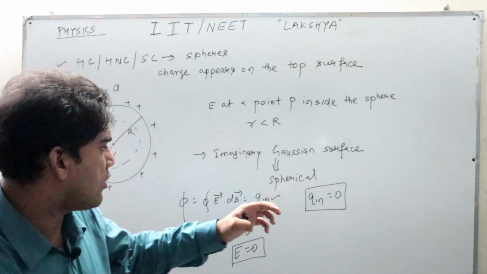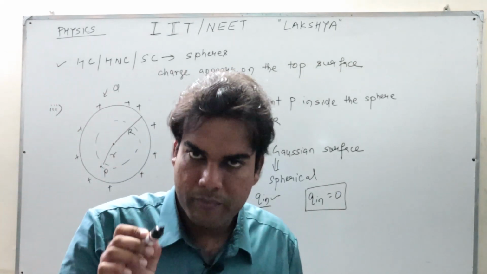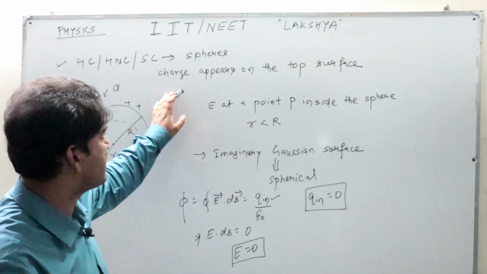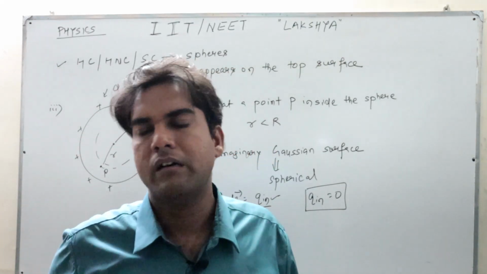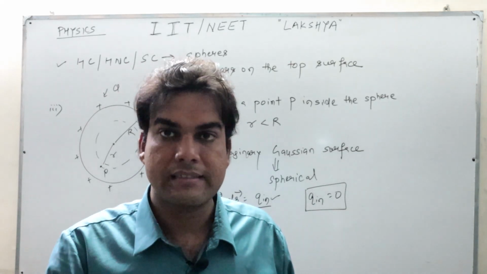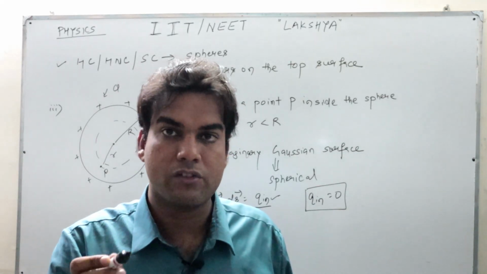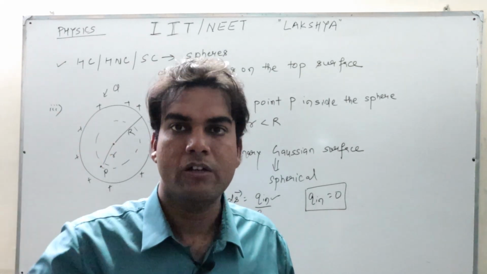So because of Gauss law we can say that the electric field is 0, and that is why I was saying that charge appears on the top surface: there is no electric field inside the conductor, inside the sphere, so there was no charge enclosed, and hence the entire charge appears on the top surface.